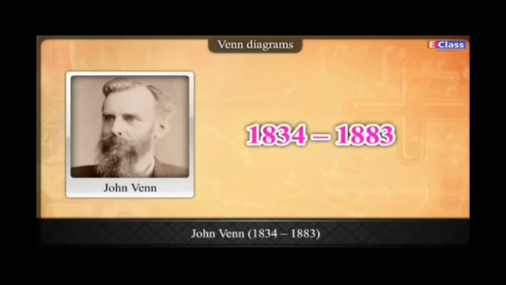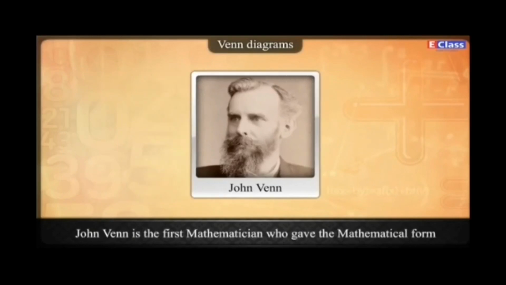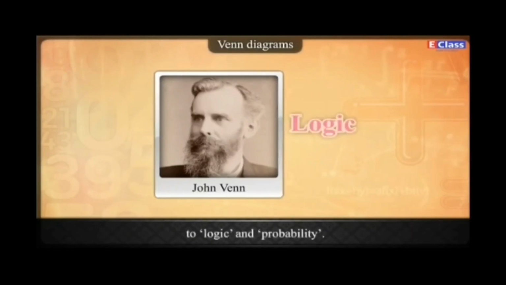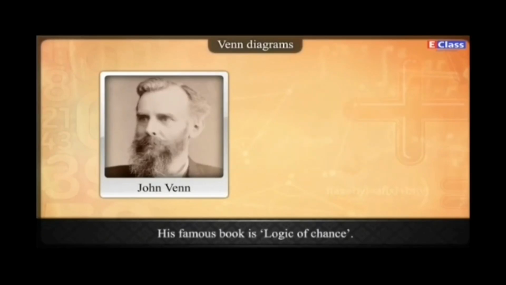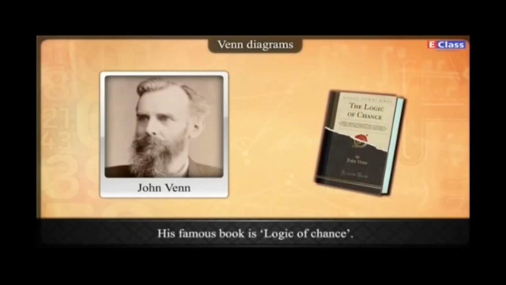John Venn, 1834 to 1883, is the first mathematician who gave the mathematical form to logic and probability. His famous book is Logic of Chance.